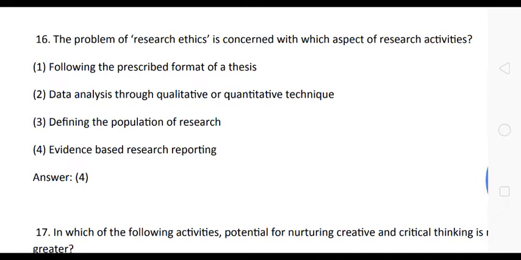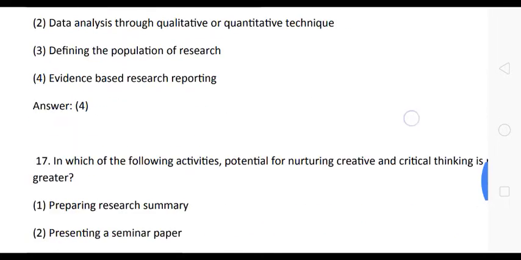Here the correct answer is option 4, evidence-based research reporting. The problem of research ethics is concerned with evidence-based research reporting. Okay, friends, option 4 is the correct answer.